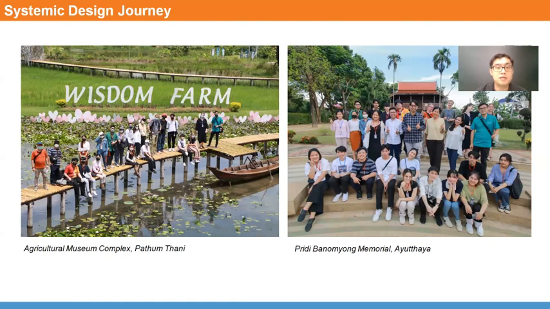To begin our systemic design journey last year, we engaged in various preparatory activities to understand the health, institutional, and cultural background, with visits to vernacular buildings such as the Agricultural Museum Complex in Pathum Thani and Jim Thompson's Health Museum in Bangkok, to understand the spatial and environmental best practices.